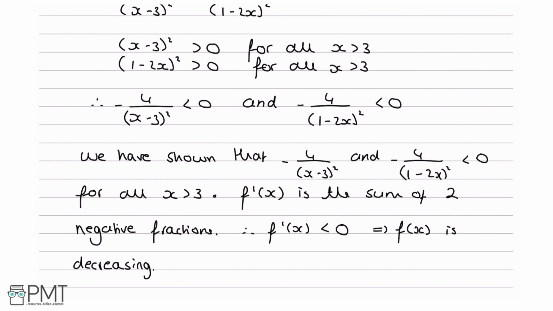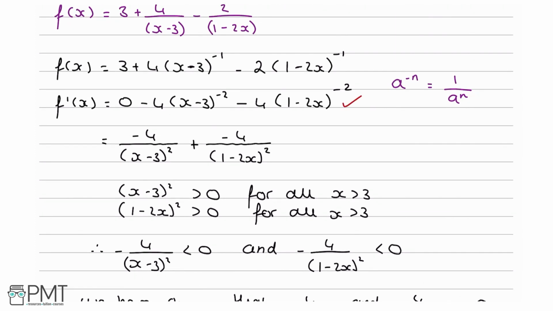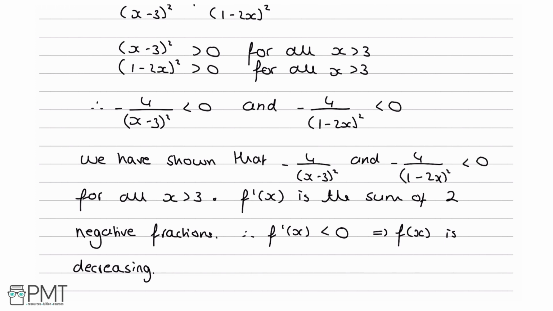So for this question, you get 3 marks. You get 2 marks for correctly differentiating your f(x), so up until here gets us our first 2 marks. For your third mark, you need to explicitly show the examiner how you're getting to it becoming a decreasing function.